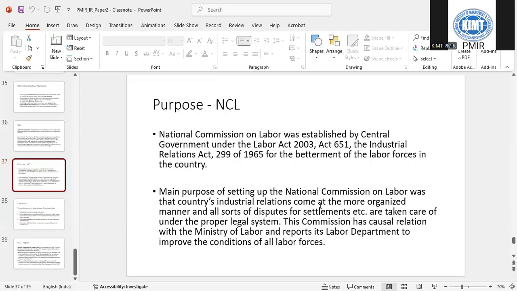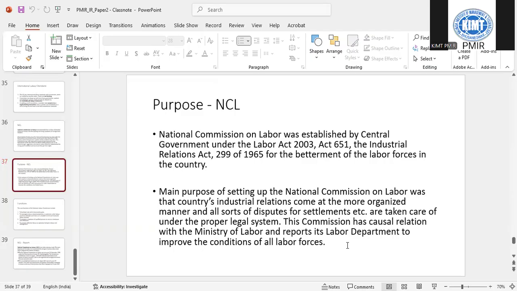The main purpose of setting up the National Commission on Labor was that the country's industrial relations come about in a more organized manner, and all sorts of disputes and settlements are taken care of by the Ministry of Labor and the Labor Department to improve the conditions of all the labor force.